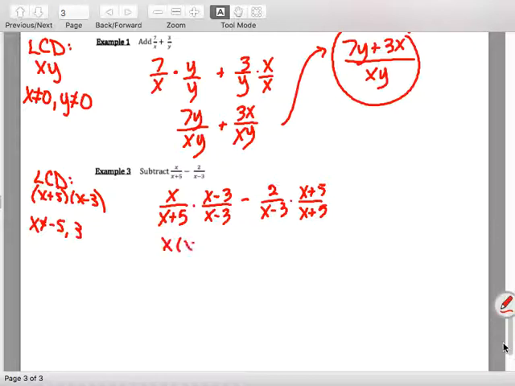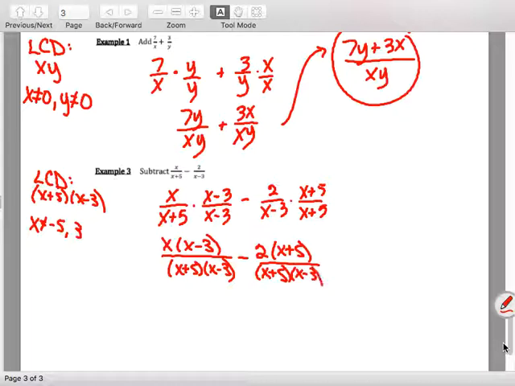All right, so this is x times x minus 3 over the common denominator. I take 2 times x plus 5, and I'm just going to switch the order using the commutative property. All right, now I'm ready.